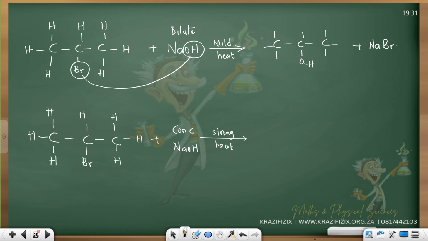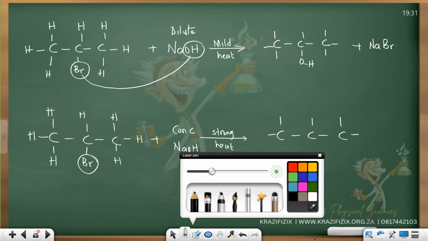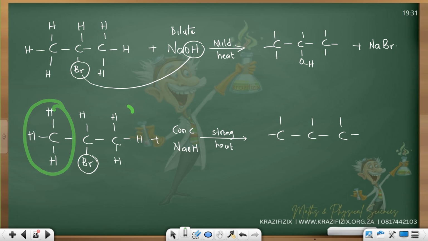So if I'm going to eliminate, I have to eliminate this guy and one hydrogen. The question is, which hydrogen am I going to eliminate? In this case, anyone. Why? They both have the same number, 3 and 3. When we eliminate, we usually say the poor gets what? Poorer. But in this case, this one has 3, this one has 3. So anyone could go.